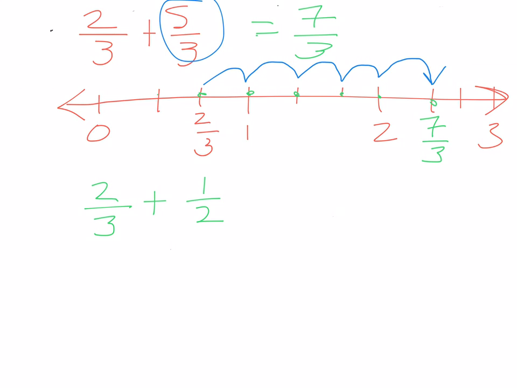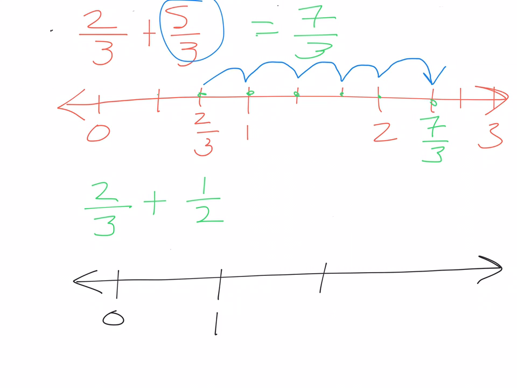Okay, well, we know what we need to do when we want to add two fractions. The first thing we need to do is draw our number line. Here's our number line, and we're going to get 0 and 1 on there, just like usual. There's 2, there's 3. 2/3, we look at the denominator.